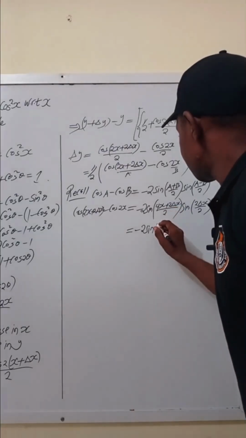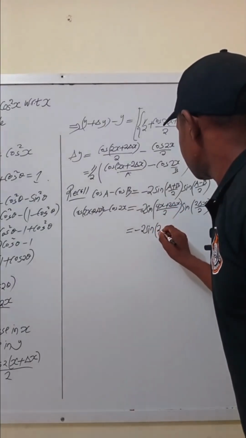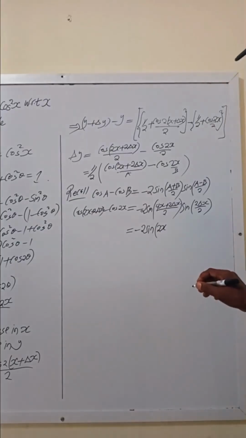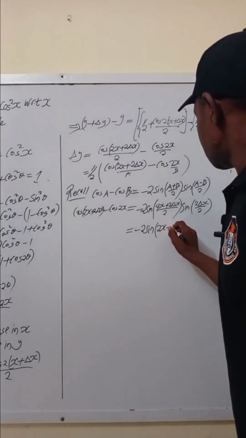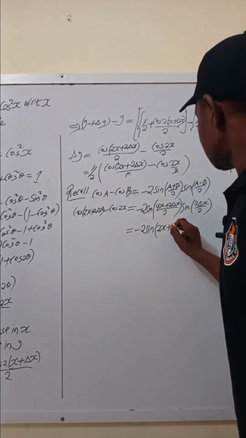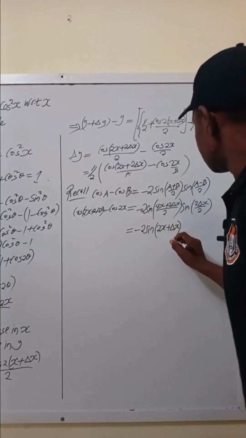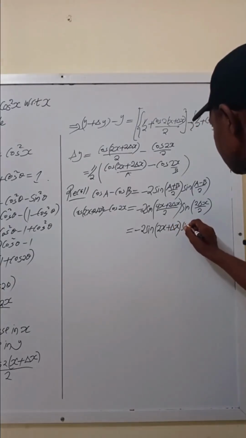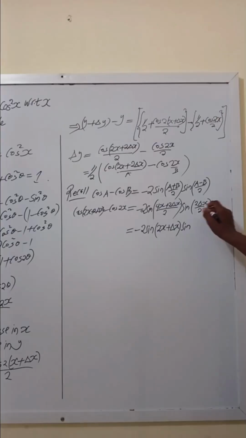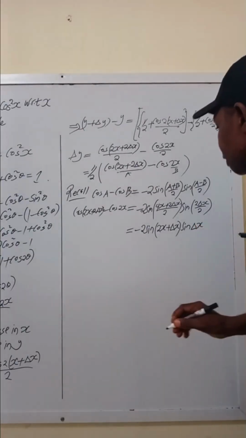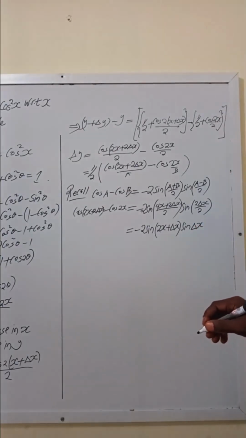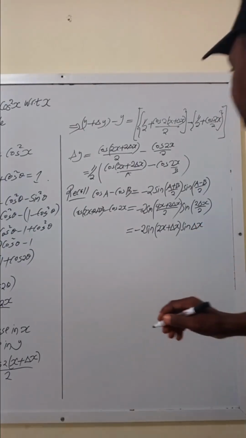Okay, this gives us 2x, and 2 delta x divided by 2, this gives us delta x. Then sine, 2 delta x divided by 2, this is delta x. This is what we get. Okay, we can simplify it further.